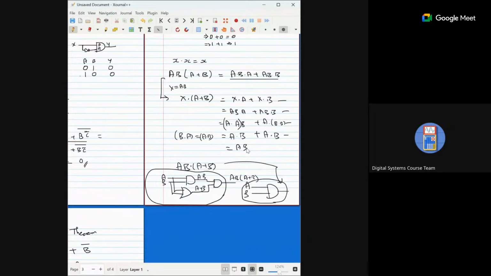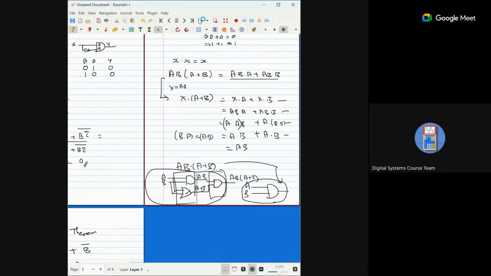What is the role of simplification? I don't want to use unnecessary or redundant gates again and again. See here, a plus b is unnecessary. Similarly, its result is not meaningful here. I was supposed to use that result of a plus b with the AND operation of the second level. This is level 1, and this is level 2. This is not playing any role.